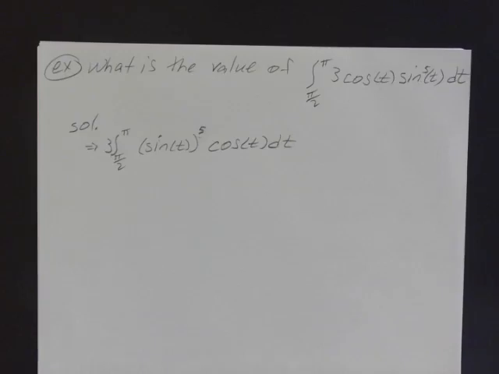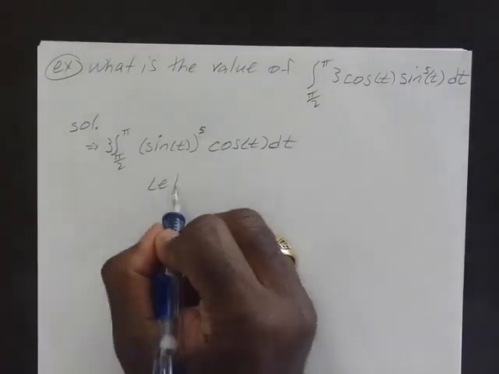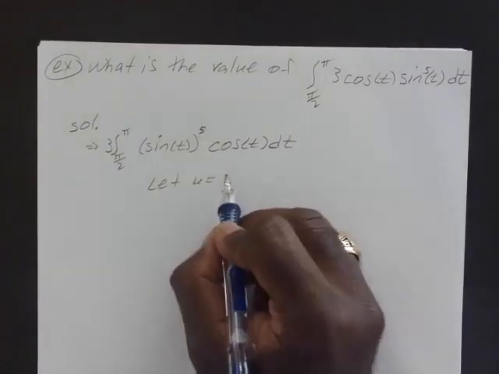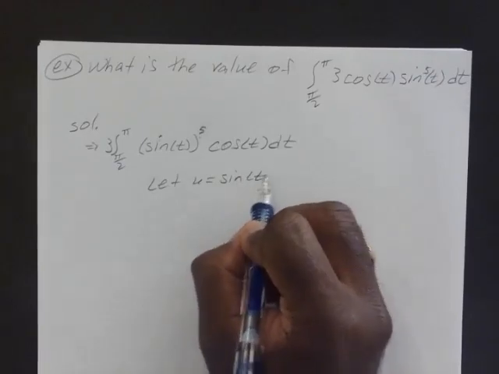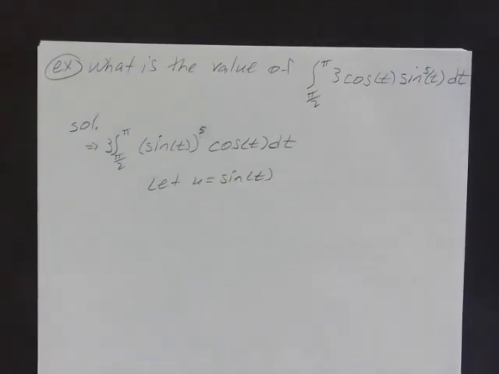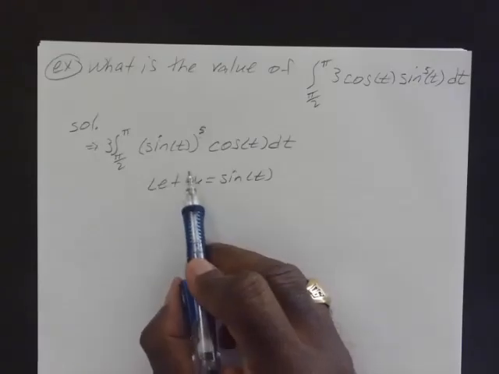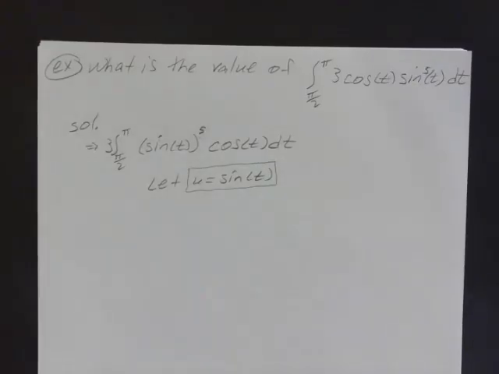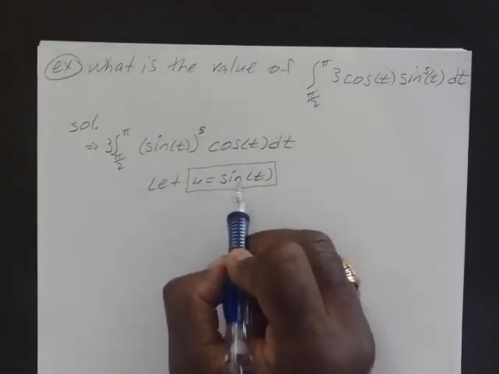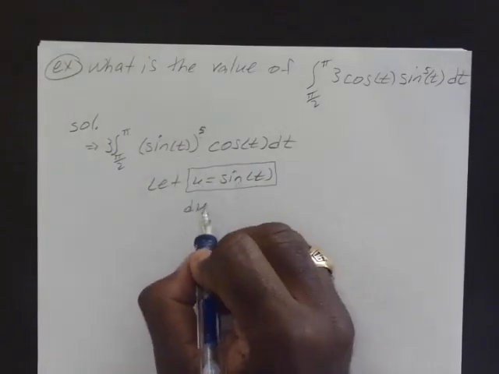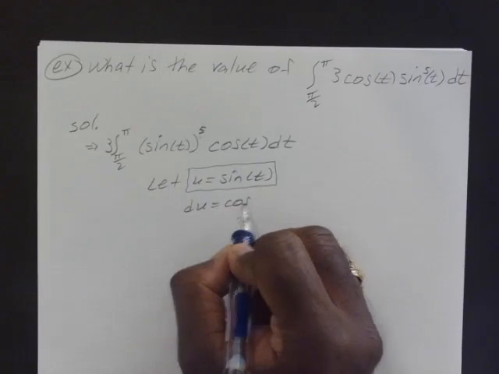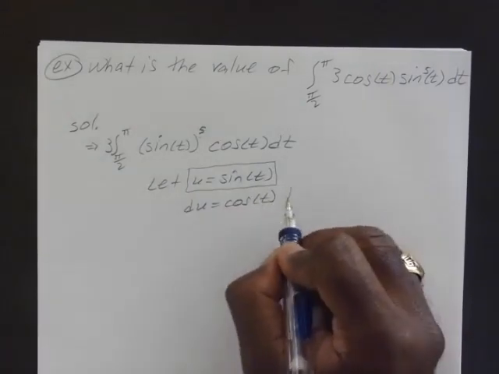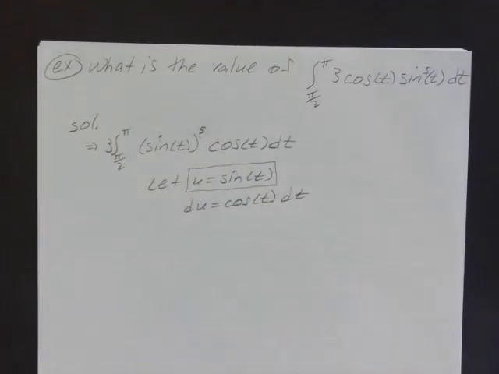Okay, so now we can just let u equal sine of t, which we will need a little later, so we will highlight that. And our derivative of sine is cosine, so our du is equal to cosine of t with respect to t.